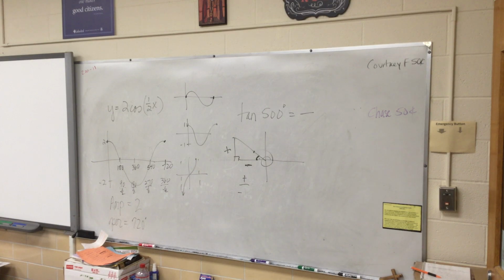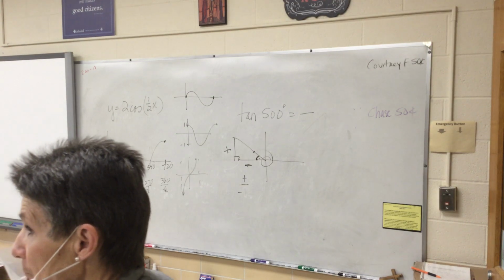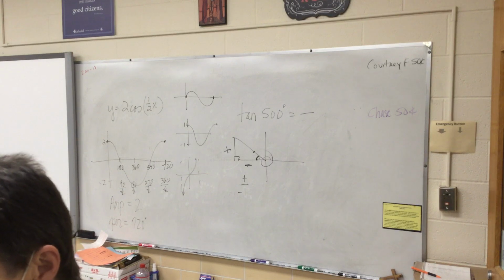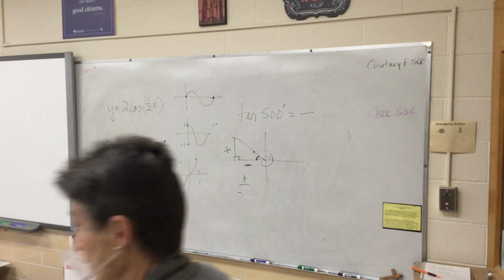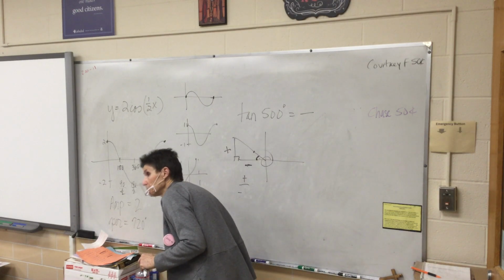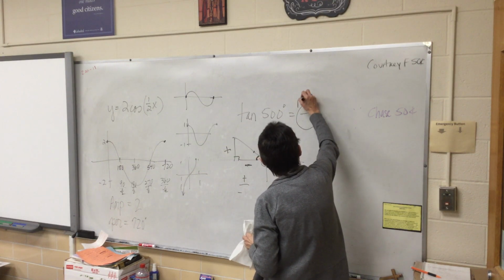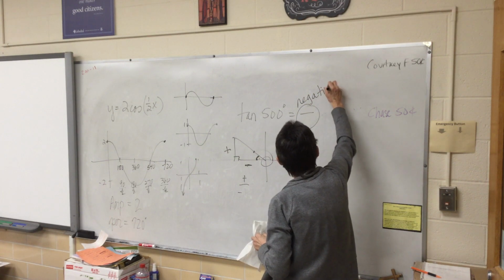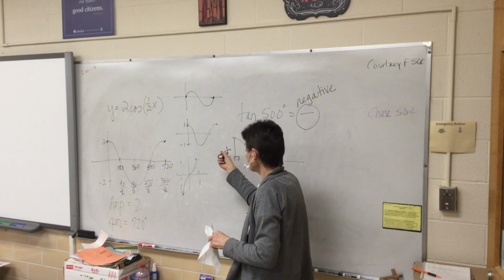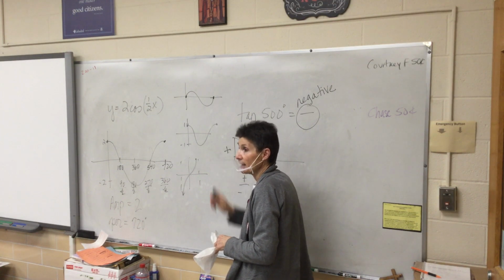Or you could say adjacent is negative and opposite is positive. So that's an easy question. To answer it, all you have to do is figure out where the angle is.